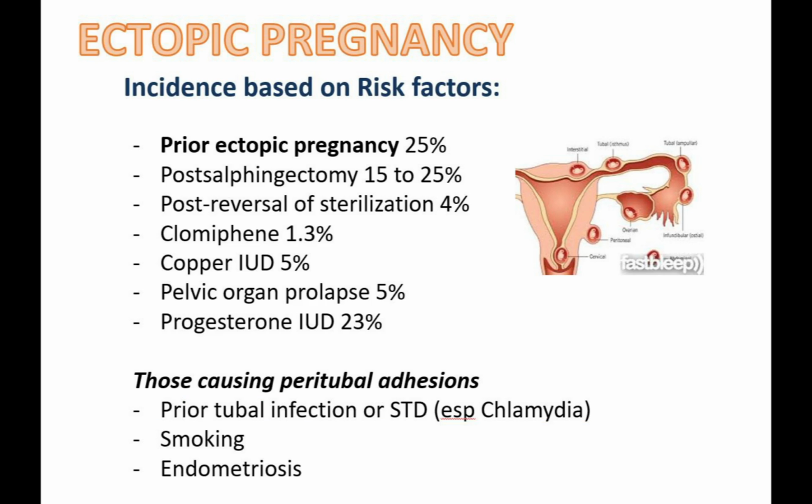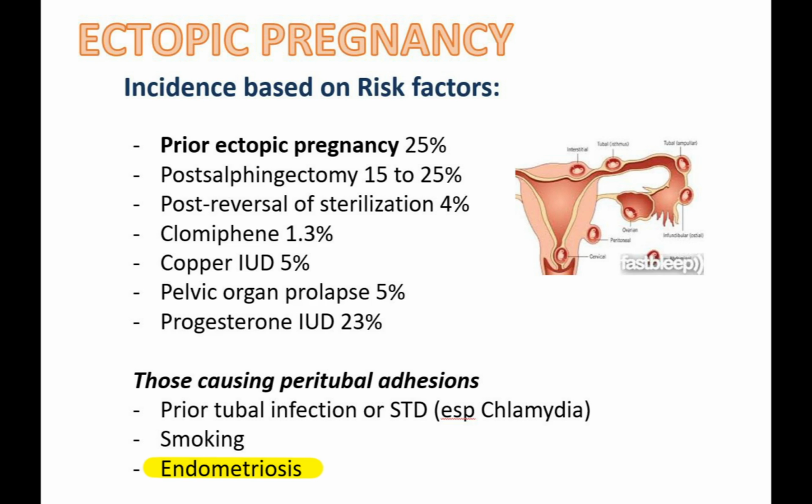Another of the risk factors would be smoking. So there is a correlation between a smoker and ectopic pregnancy as well. And endometriosis. When we say endometrium, remember, this is the innermost lining of the uterus, followed by the myometrium and the perimetrium.